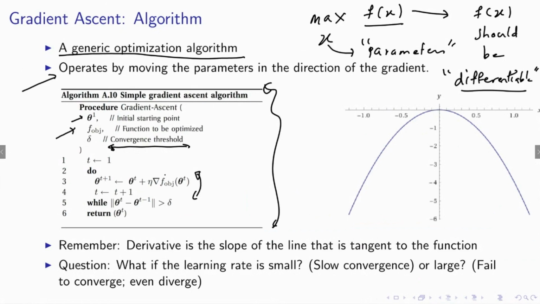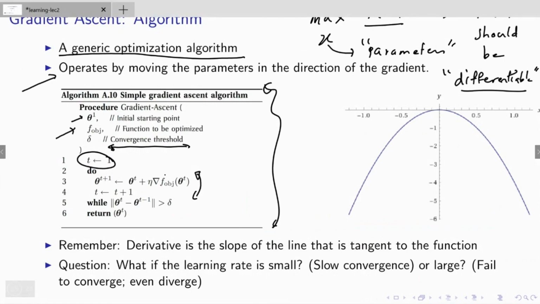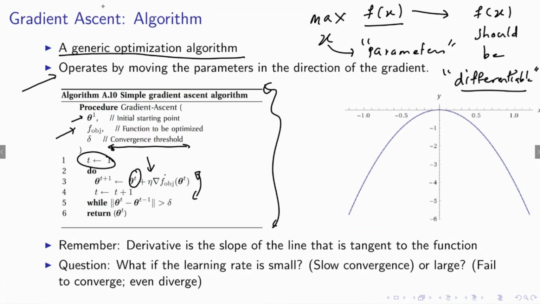You start the iteration count at 1, and then at each iteration you update your parameters, right, which are, let's say, theta t, by adding eta times the gradient of the objective function at the point theta t.